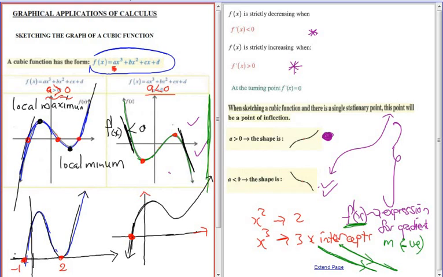Look, if I draw a tangent there, do you see that it slants to the right? And here it slants to the right, meaning that the first derivative at those x values, from this x value backwards, the gradient will be positive.